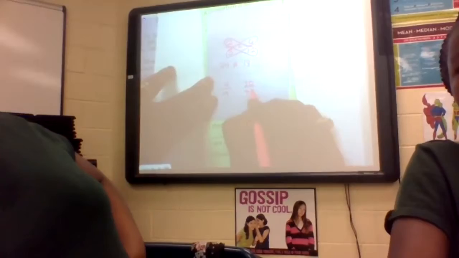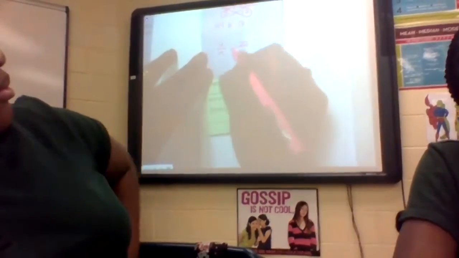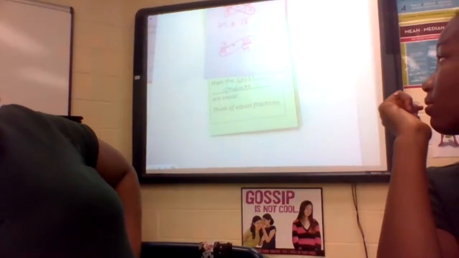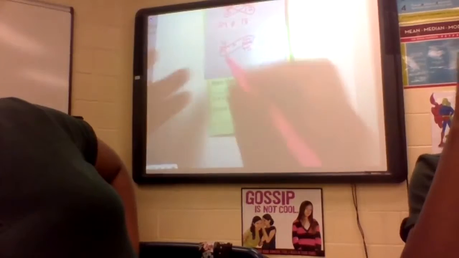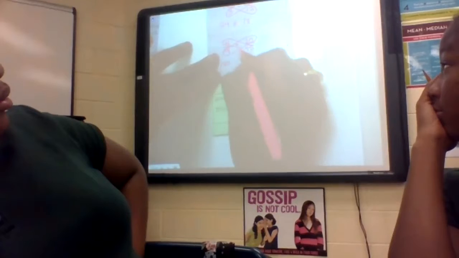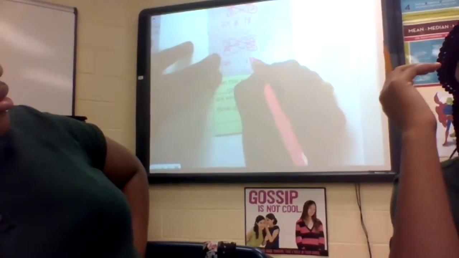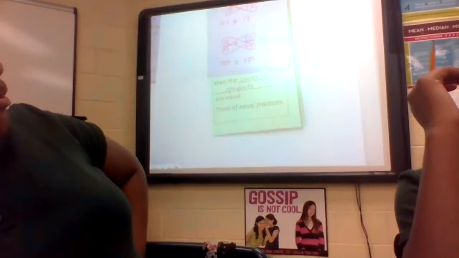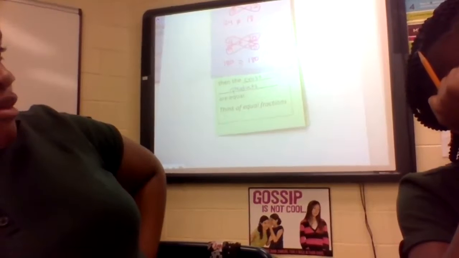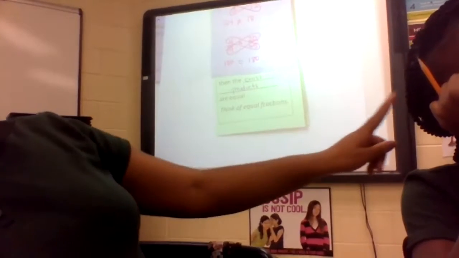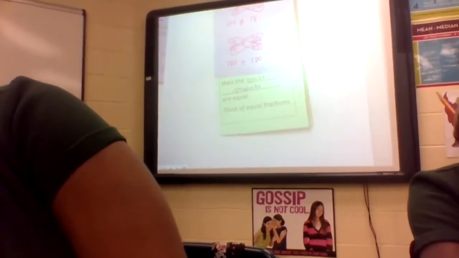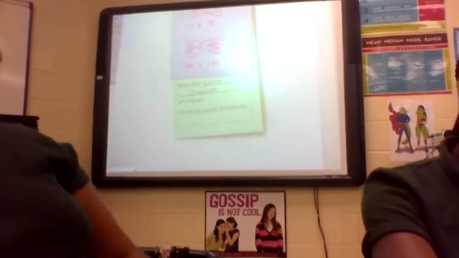Okay, so let's look at these two numbers. 9 times 20 is what? 180. Good. 45 times 4 is 180. So do these two ratios form a proportion? Yes. If I have two equal ratios, that forms a proportion. If I just have two ratios, that's just two ratios. If they're not equivalent, they do not form a proportion.